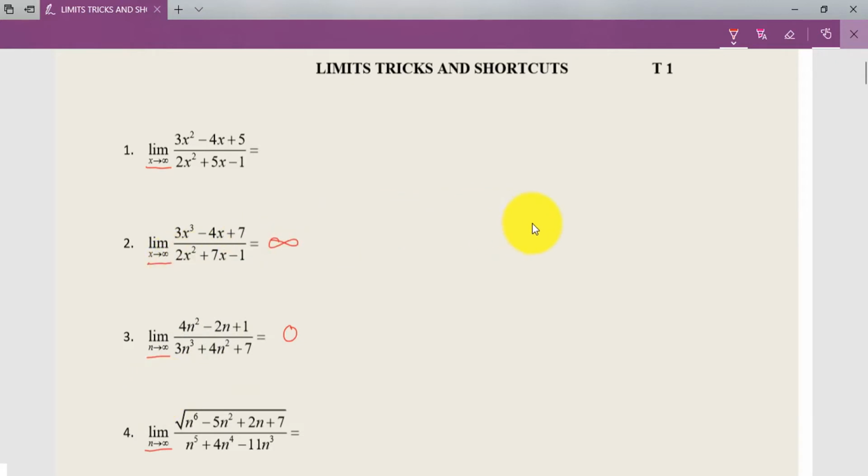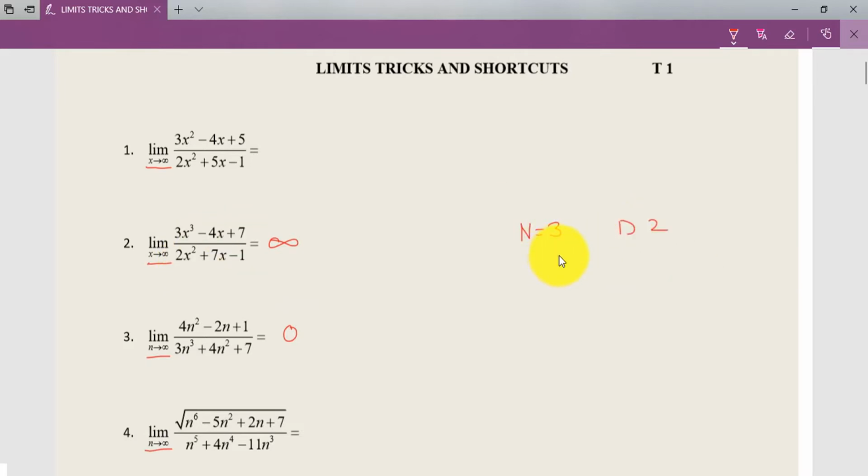Now for this second problem, if you see the numerator, the highest power of the polynomial is 3, and in the denominator the highest power is 2.